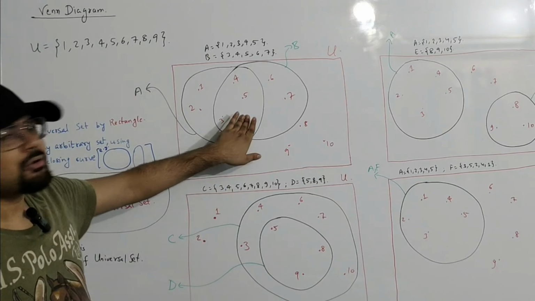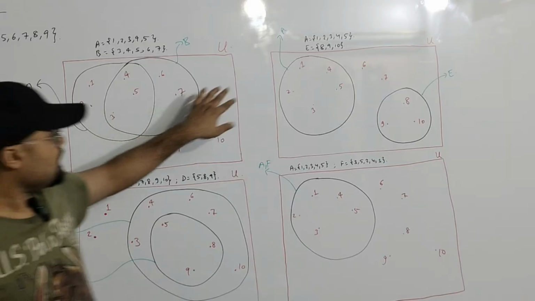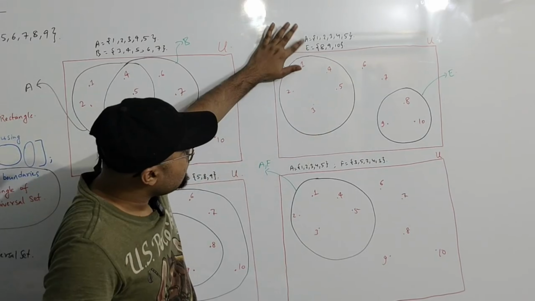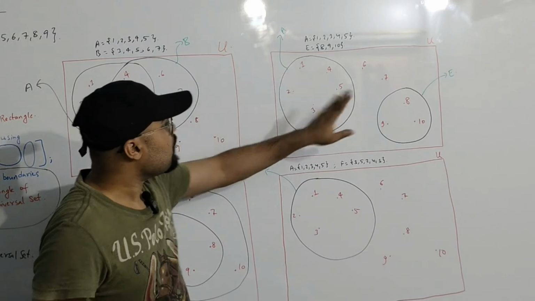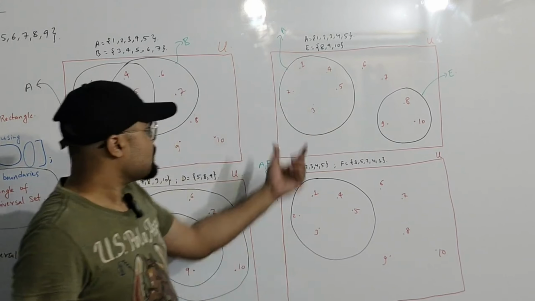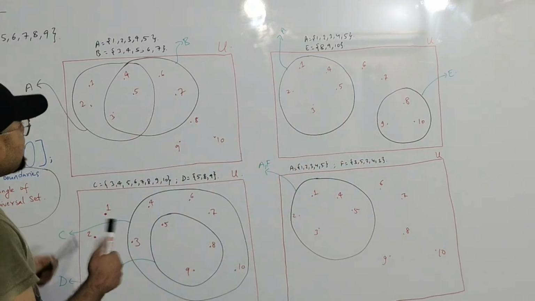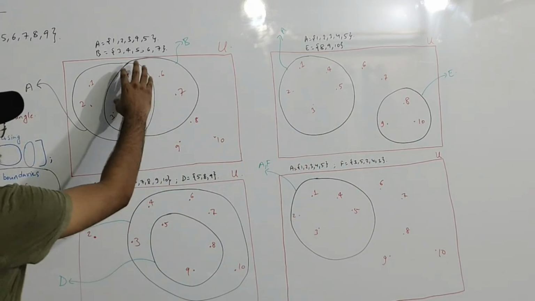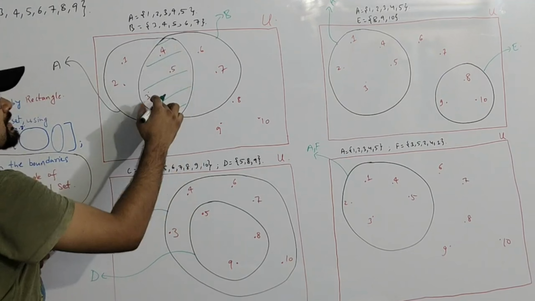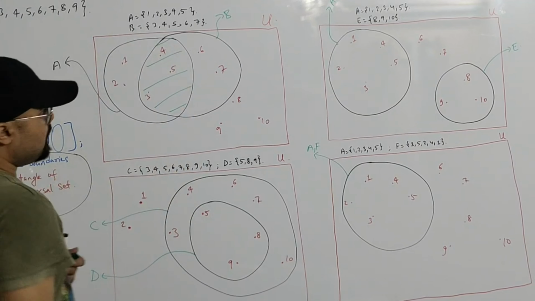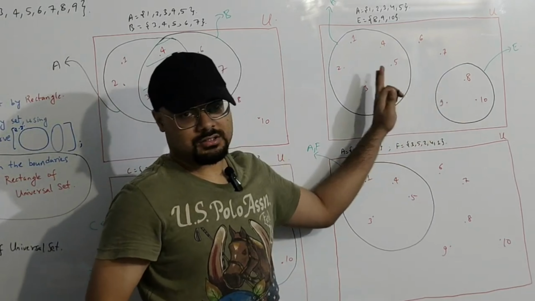There are some elements in common, however, in this case. Similarly, in this case, neither A is a subset of E, nor E is a subset of A. But they don't have anything in common either. In the first case, within this overlapping area, there will be those elements that are common to A and B. But these two circles are completely separate.